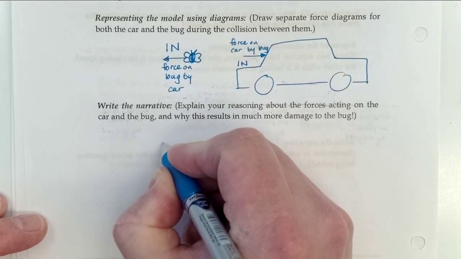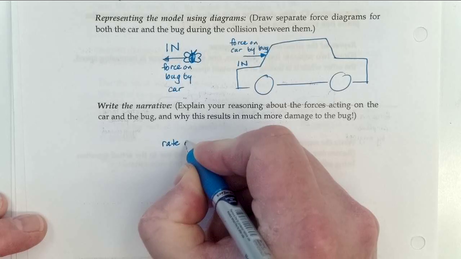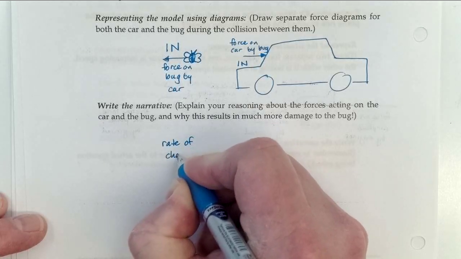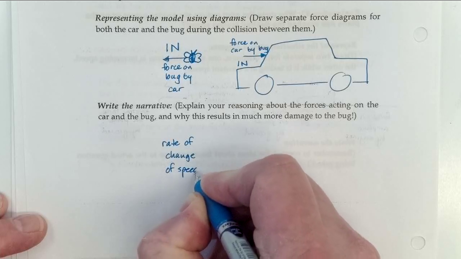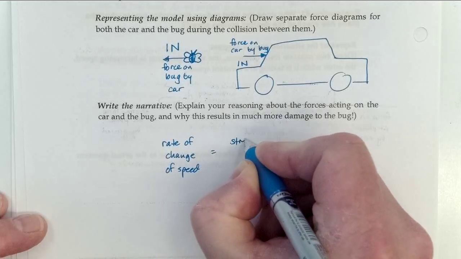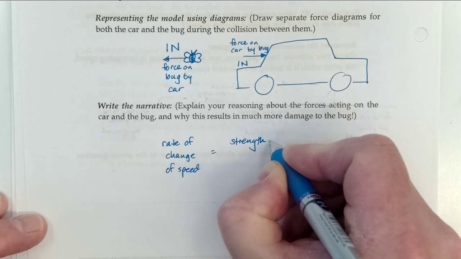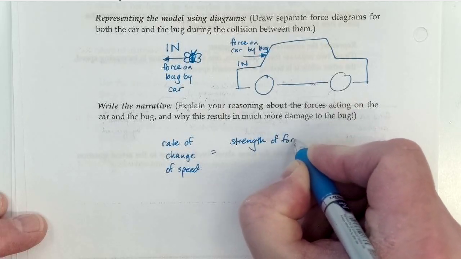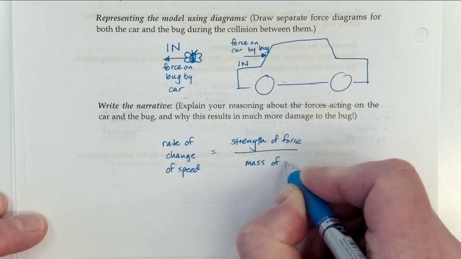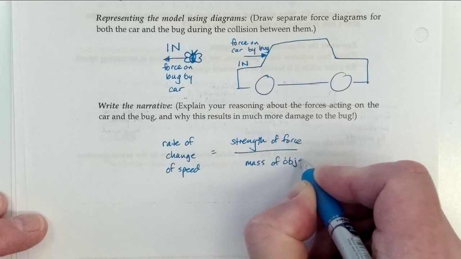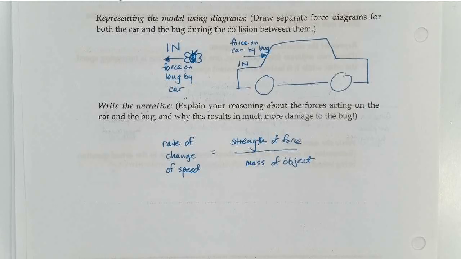However, I would also include in my narrative the other idea, the rate of change of speed equals the strength of force divided by the mass of the object that is feeling that force.